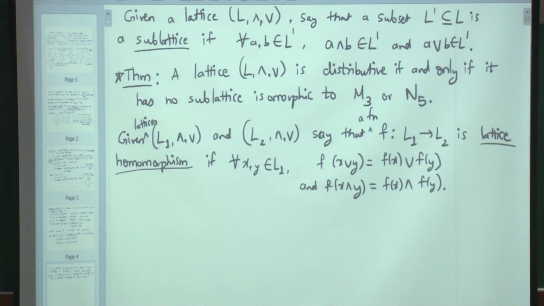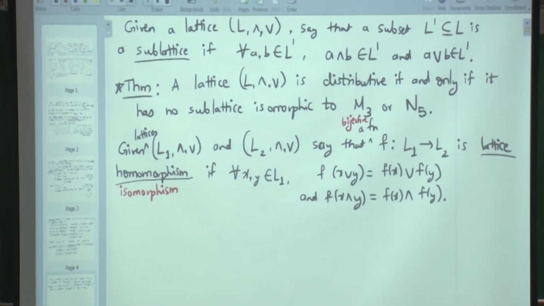And how do we define a lattice isomorphism? Well, instead of just saying a function, I add the word bijective. That's all. A bijective lattice homomorphism is a lattice isomorphism.